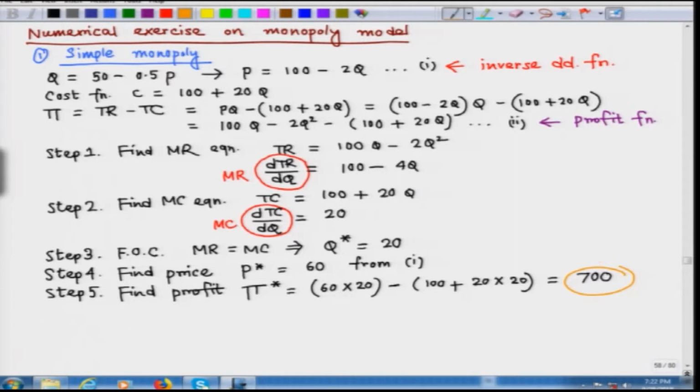Now, there is another interesting case that one can discuss in terms of this numerical illustration, and that is the case of tax imposition by government.